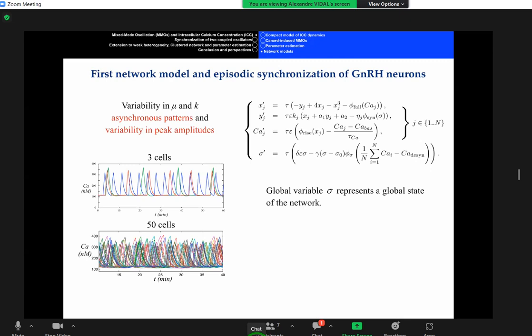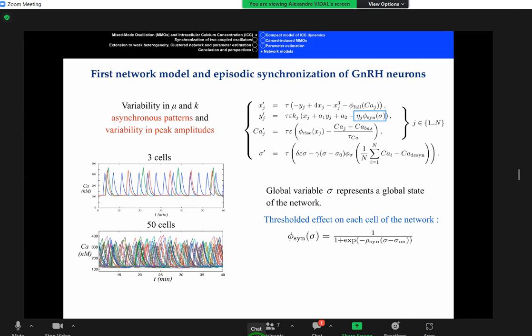And this global variable is given by a very, very slow dynamics, because GNRH neurons produce GNRH slowly, so a third time scale in the dynamics, given by delta and sigma here, that are assumed to be small, positive but small, and a thresholded effect on each cell given by sigma sin.